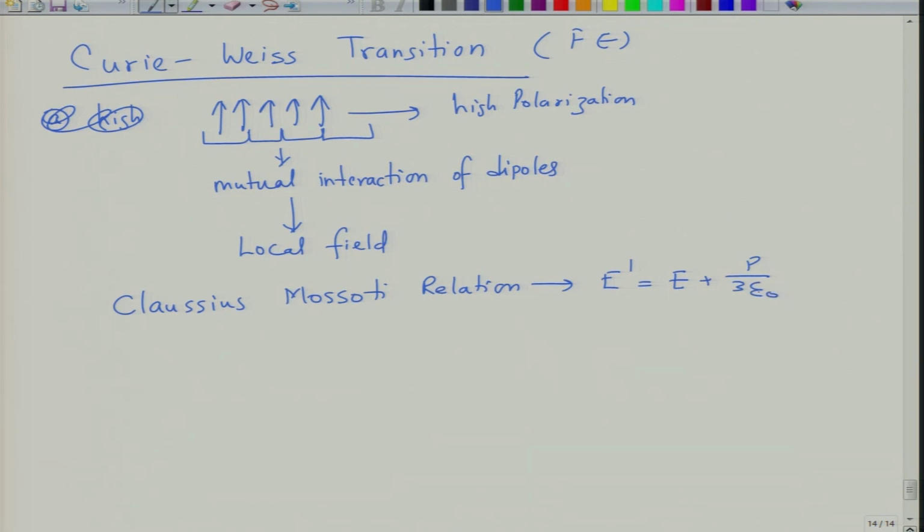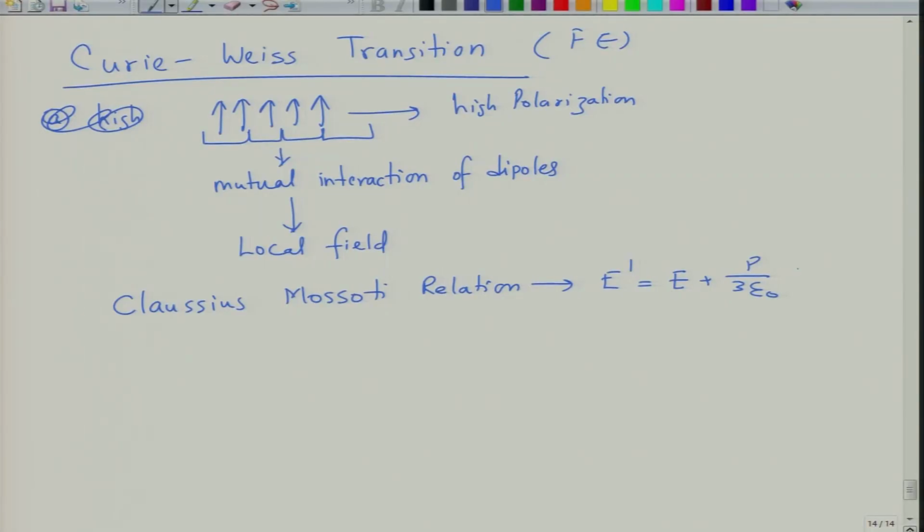So the local field, when there is a mutual interaction between the dipoles, is a little bit higher than the applied electric field, and it can go as E plus P divided by 3 epsilon naught, and the higher the value of P in the system, the more the local field. So especially in ferroelectric systems where the polarization tends to be very high, this local field also tends to be quite high, okay.